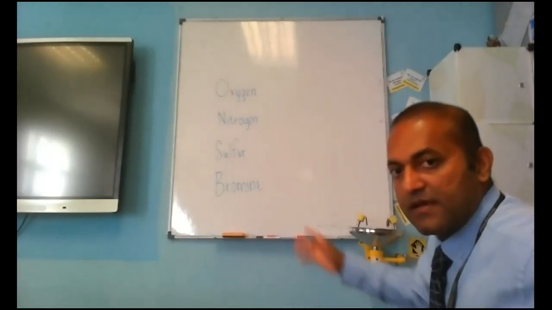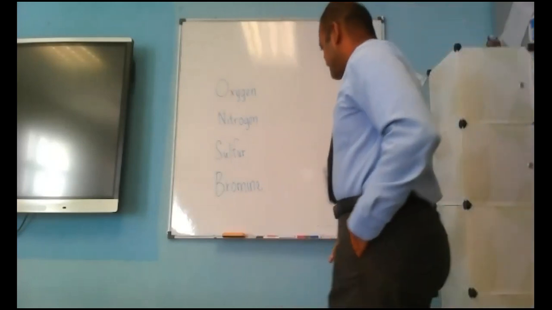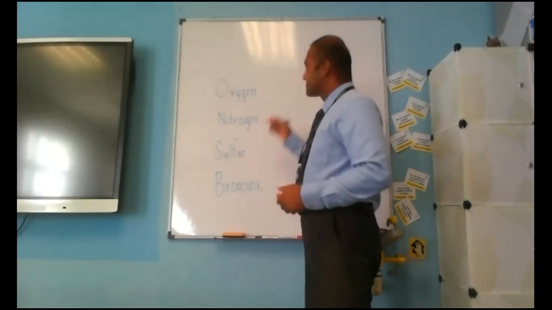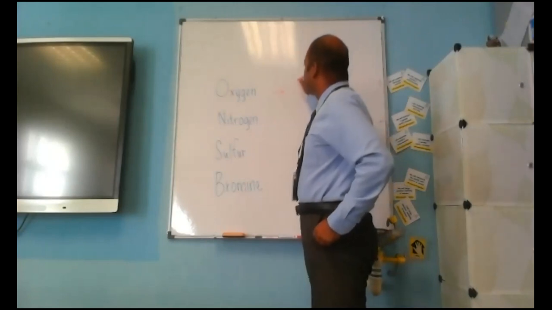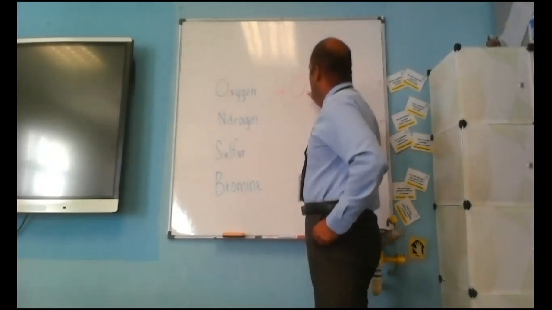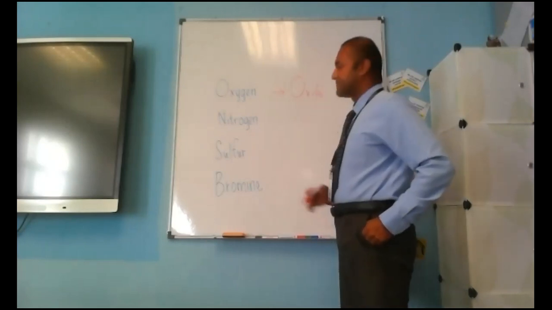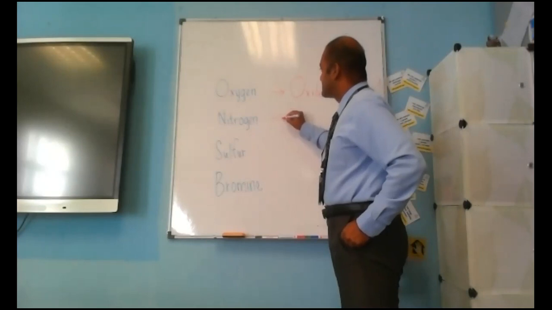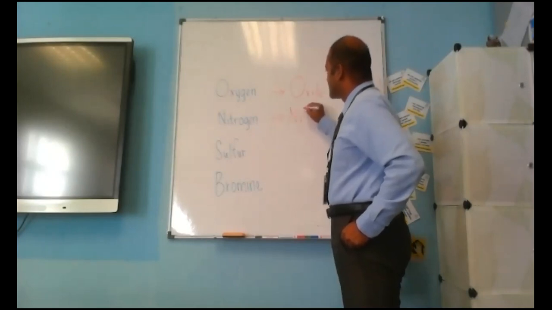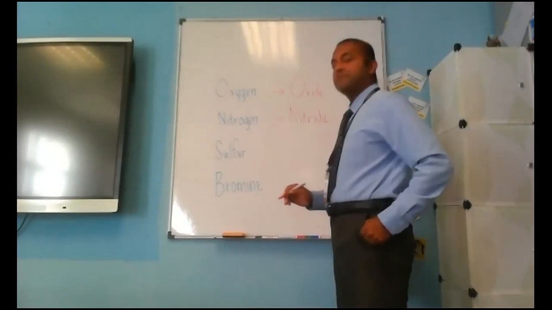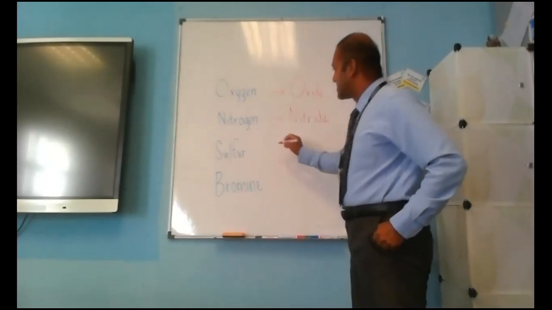An example, as you can see in my whiteboard here, oxygen will become oxide. Nitrogen will become nitride.